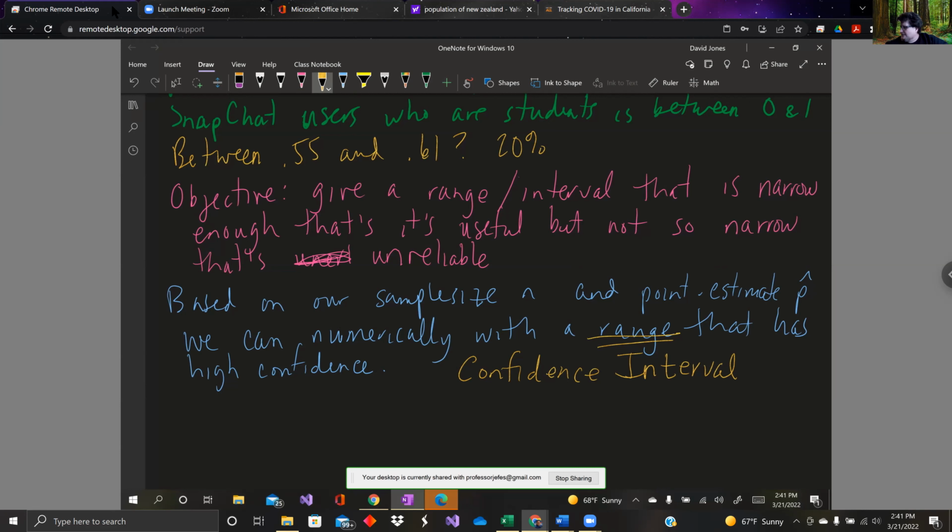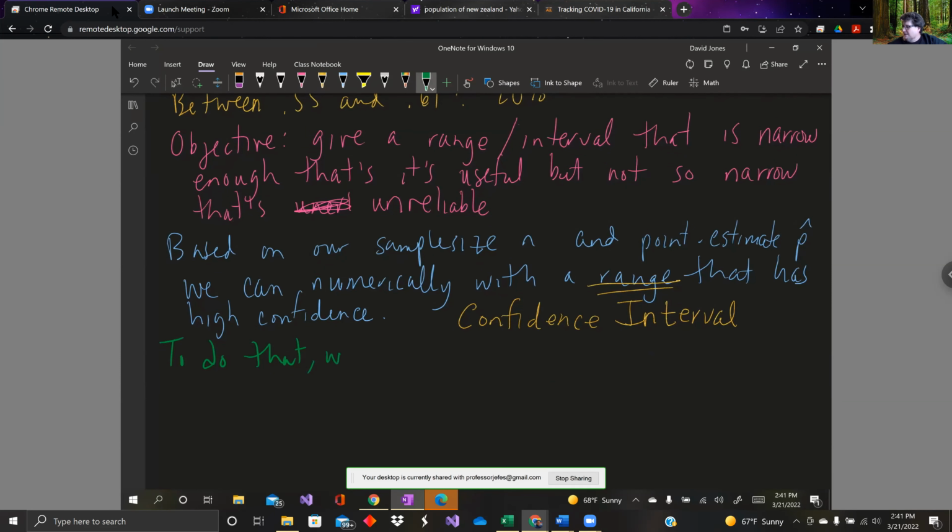Now to do that, we want to make sure that our data is normal or has the bell curve look. And we talked about last time how to do that.